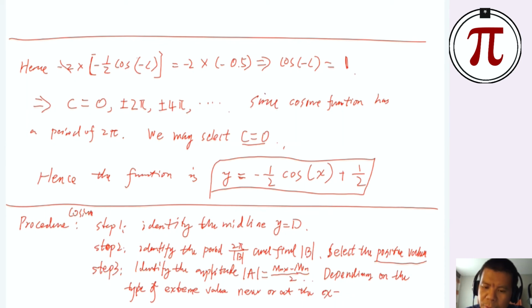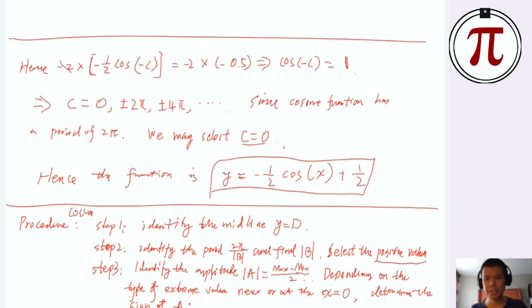Near at x equal to 0, right? We select, determine the sign of A. How to determine A?